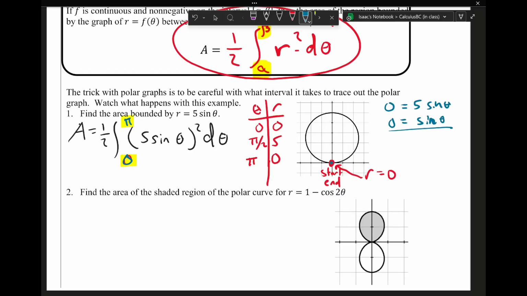Pi. And then, of course, if it's something you could do by hand, do it by hand. If not, just throw it in the calculator. So I will do that because I don't have that answer ready to go. But 1/2 integrate from alpha to beta all of r squared d theta.